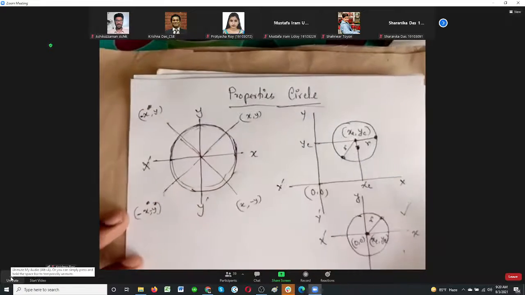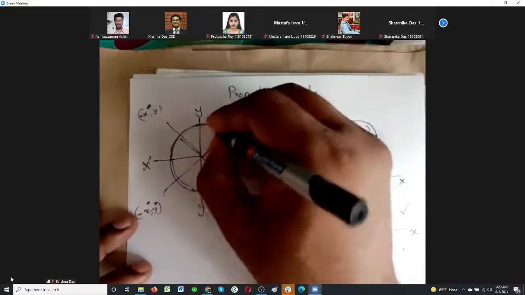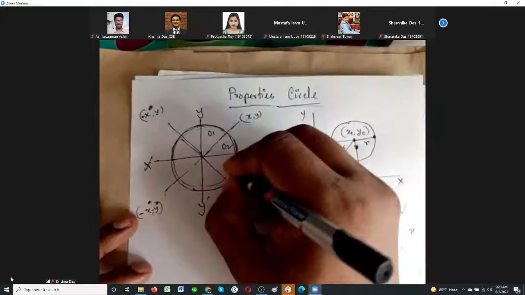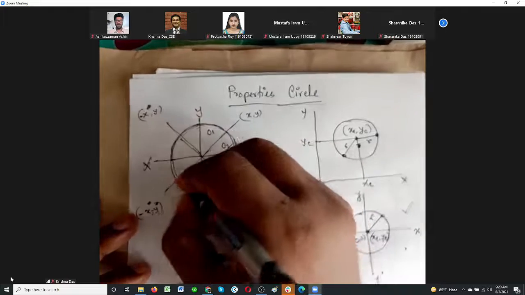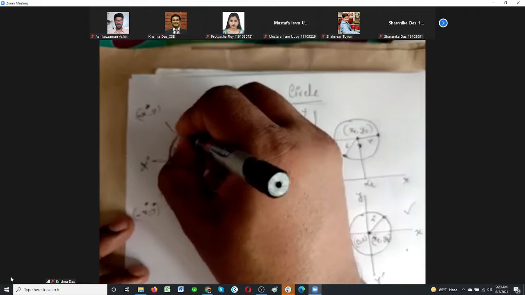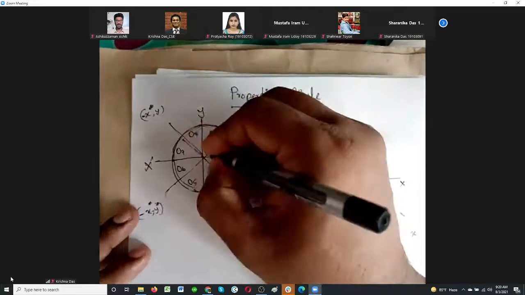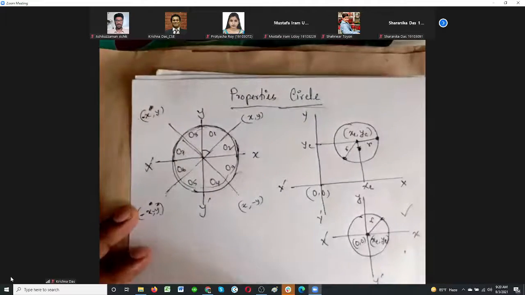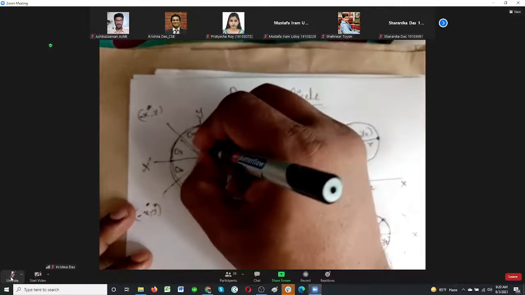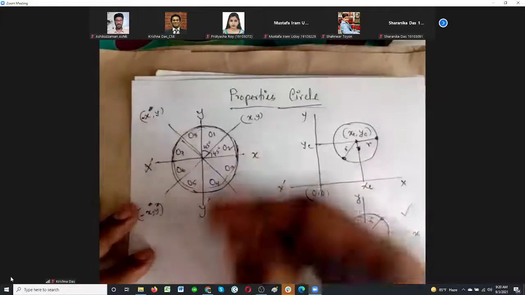Each individual part is called an octant. Say this is octant 1, octant 2, octant 3, octant 4, octant 5, 6, 7, and 8. Can you tell me how many degrees each is? 45, sir. 45 degrees, because 90 degrees has been segmented equally, so it will be 45 degrees in each octant, right?